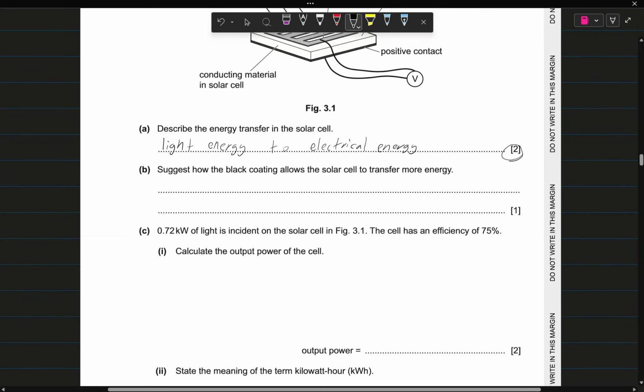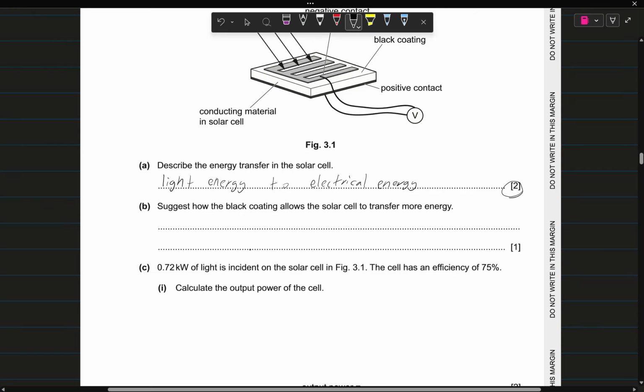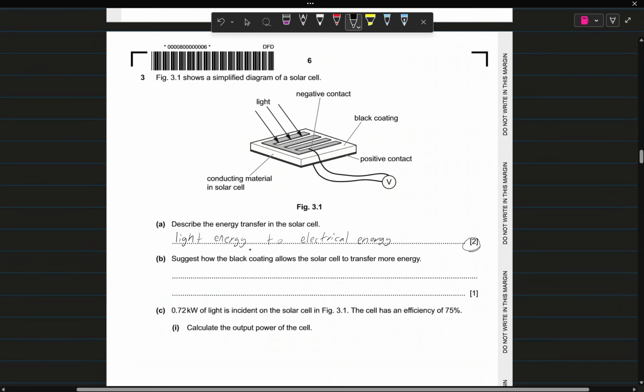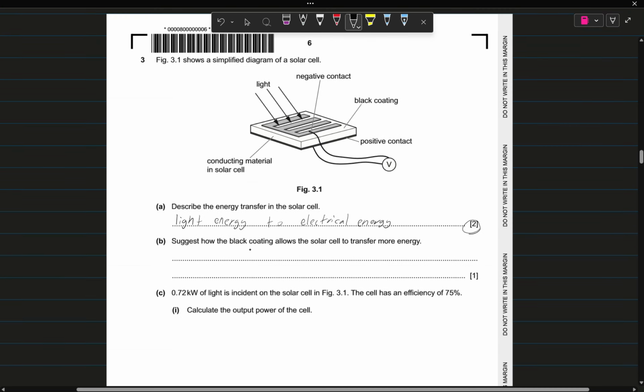Okay, for part B, suggest how the black coating allows the solar cell to transfer more energy. Okay, so black coating, after all, is an excellent light emitter and also an excellent light absorber. So this will allow it to absorb more light. That's the idea.